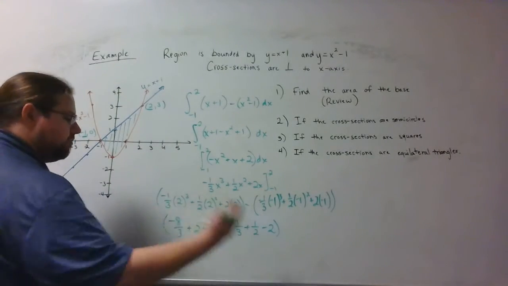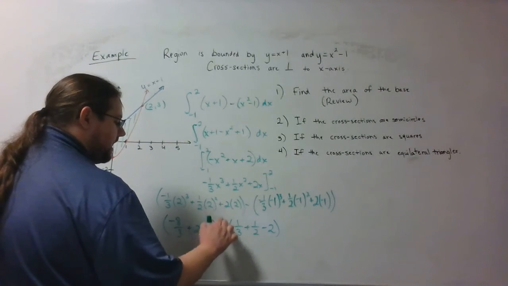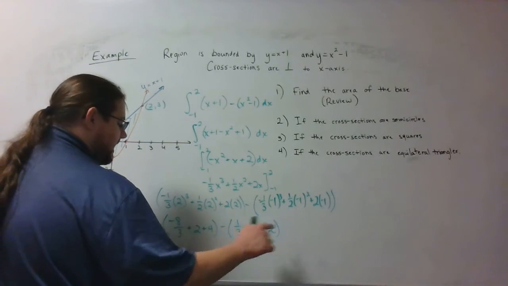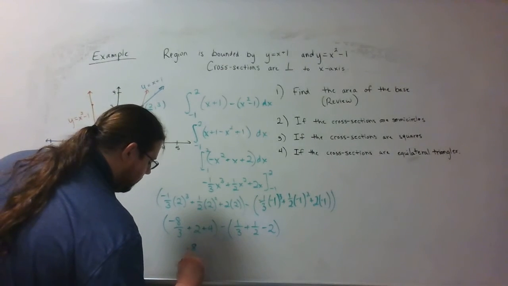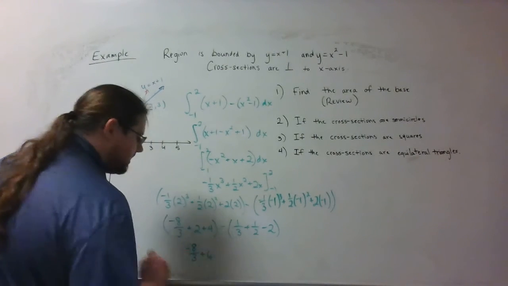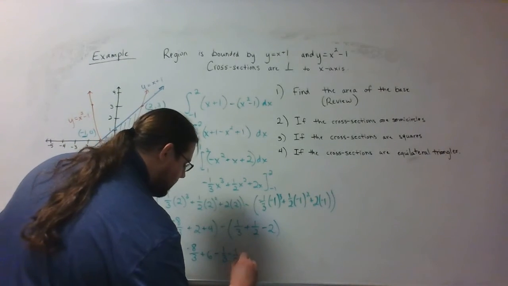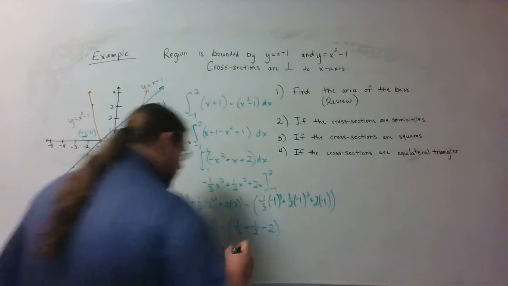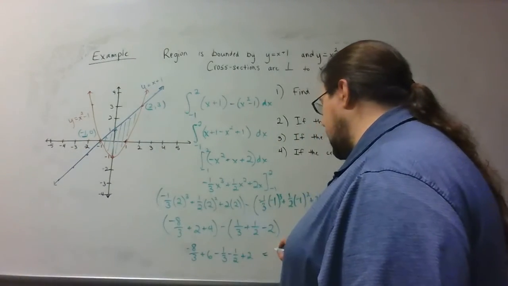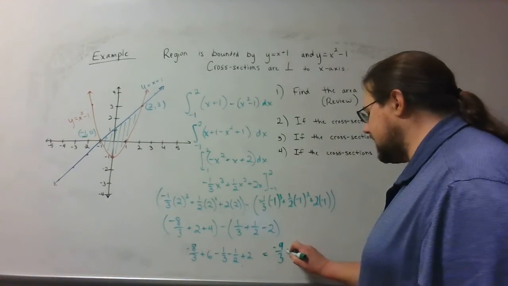I'm going to start combining some of these terms, and just pay attention to the fact that when I distribute this negative, it's going to help work things out a little bit better. So this is going to be negative 8/3 plus 6 minus 1/3 minus 1/2 plus 2. Negative 8/3 minus 1/3 is going to make negative 9/3. 6 and 2 makes 8.